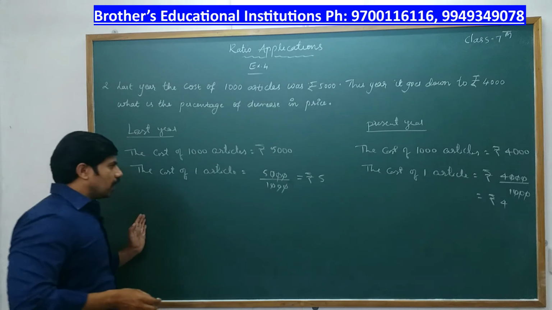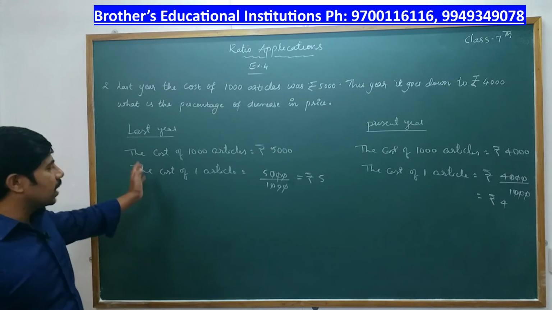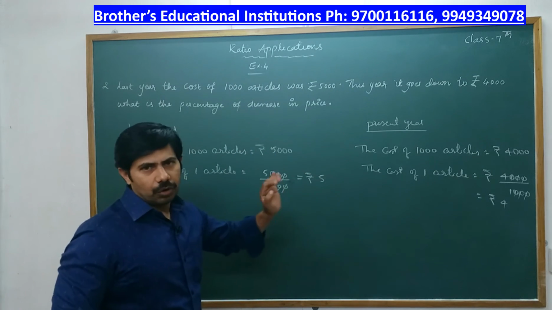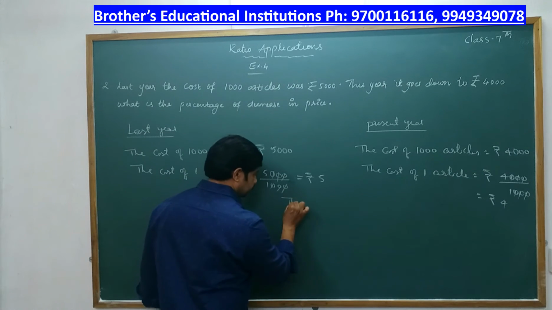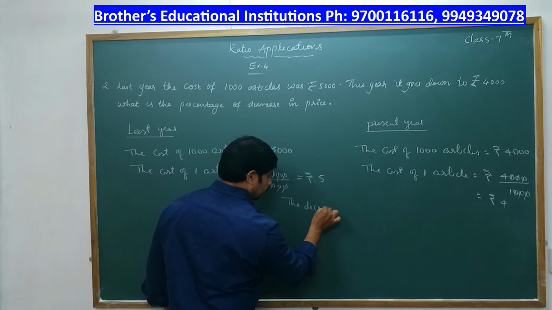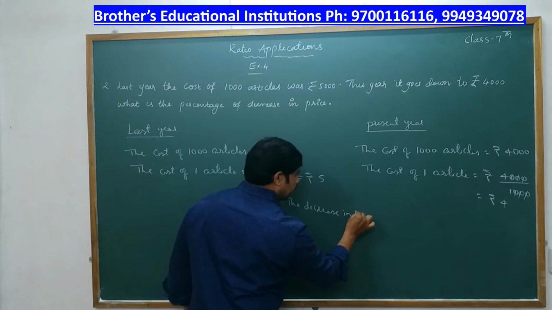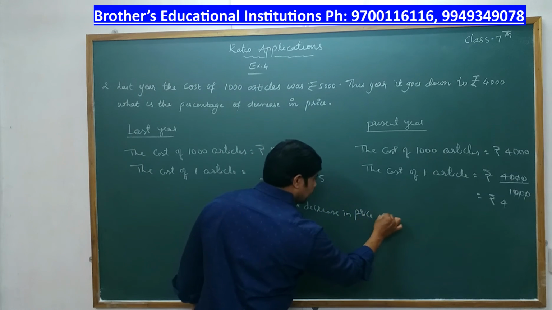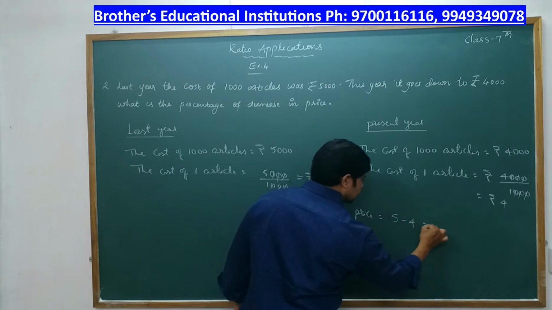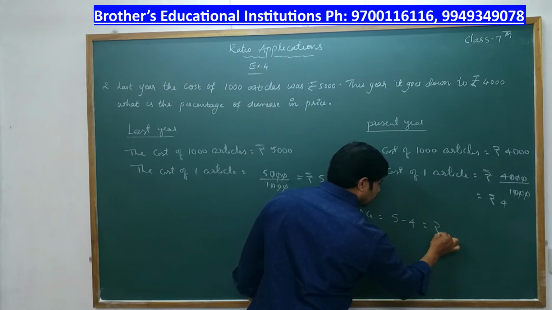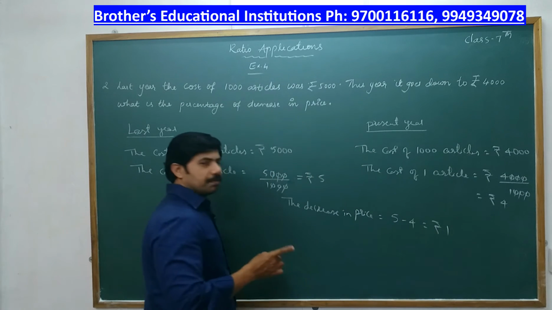See, the cost of one article is 5 rupees last year, and this year it is 4 rupees. Now what is the decrease in price? The decrease in the price is 5 rupees minus 4 rupees. We get 1 rupee. The decrease in price is 1 rupee.